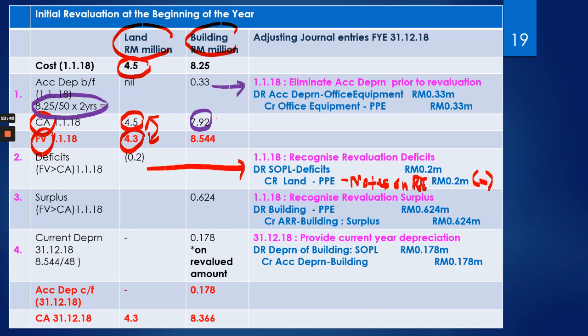So when you eliminate, you debit accumulated depreciation. This is from the previous FAR that you learned earlier, and you credit office equipment. When you debit accumulated depreciation, this has to be also reduced. Where to? In your notes on PPE under the accumulated depreciation section.